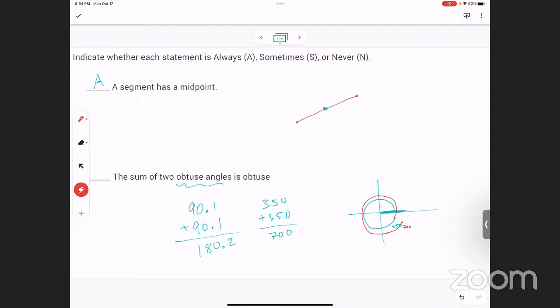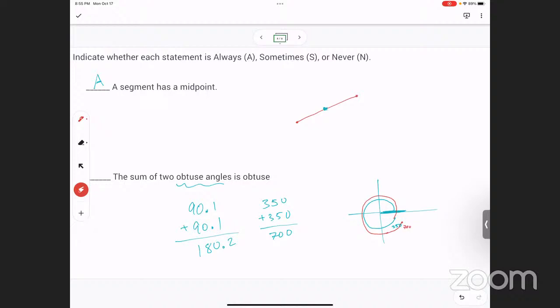Okay. Sum of two obtuse angles is obtuse. I mean, I can't imagine what she's thinking of unless she's calling a negative angle obtuse. Maybe, I don't know though. Because you can't have a negative angle. Well, right. No, well, you can. You can have one, but that's what I'm saying.